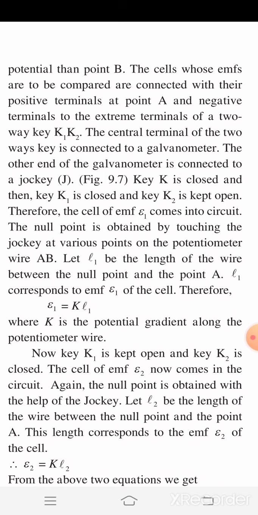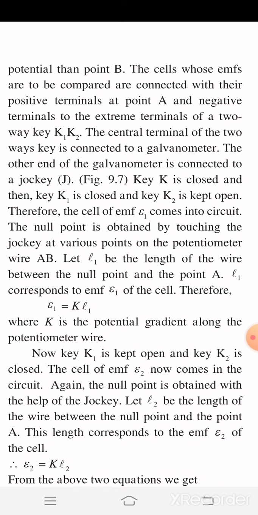With E1 in the circuit, we put the jockey at different points of wire AB of the potentiometer. Then we get a null point at a single point on wire AB, that is the balance point or null point, and we measure the distance between that null point and the higher potential point A, which is equal to L1.